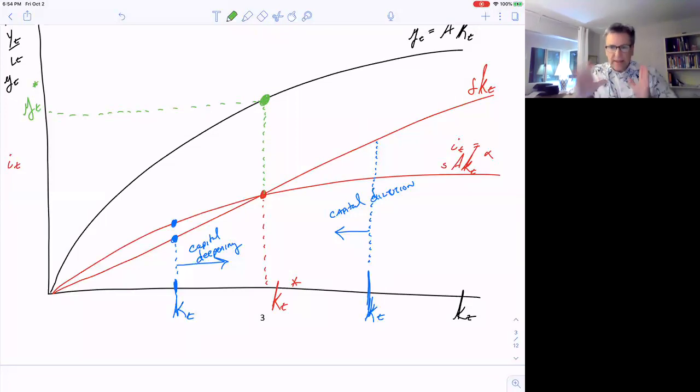That means yt, which is output per person, stays there at that point. The only way we're going to have higher income per person is to increase the capital labor ratio, some capital deepening. But it's not going to be a steady state. If there is, it's going to move back to the steady state, little kt star.